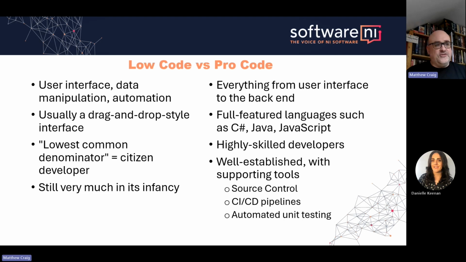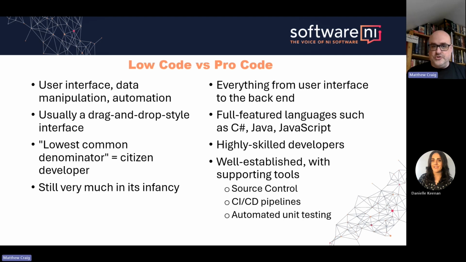So comparing that then to what we now call pro code. With that kind of technology, you're building everything from the user interface to the back end and the database and everything in between, multi-tier architectures and lots of complex calculations and processes and all the rest of it.